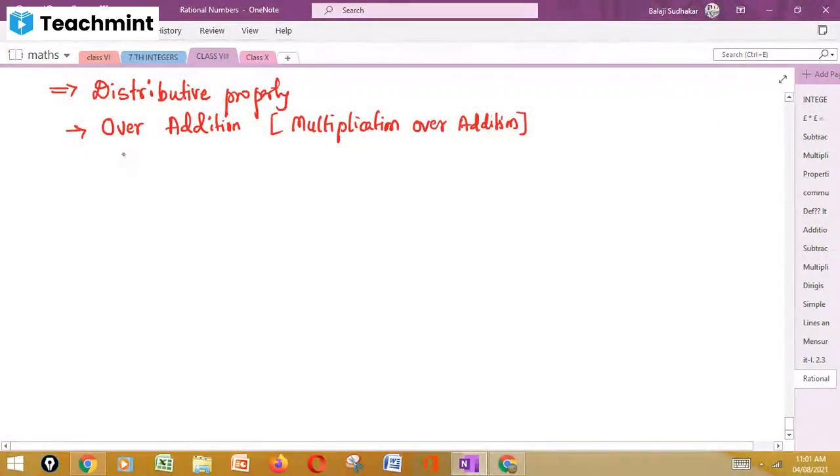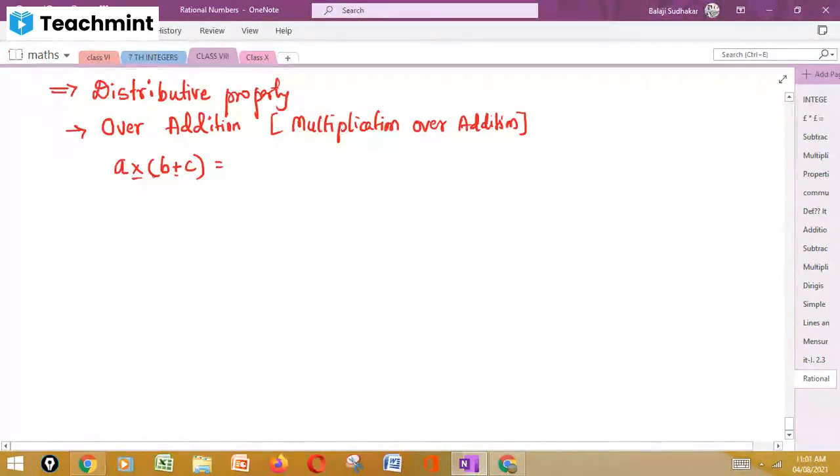Now look at how we can write the formula for the distributive property. Here A is there, into, bracket B plus C. This one is known as multiplication over addition. This is multiplication and this is over addition. What happens?